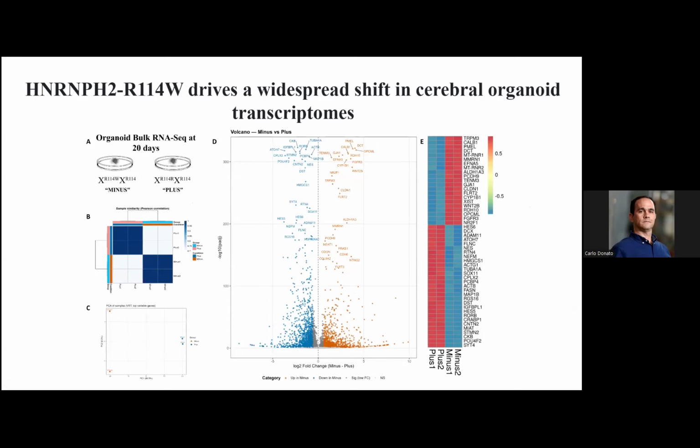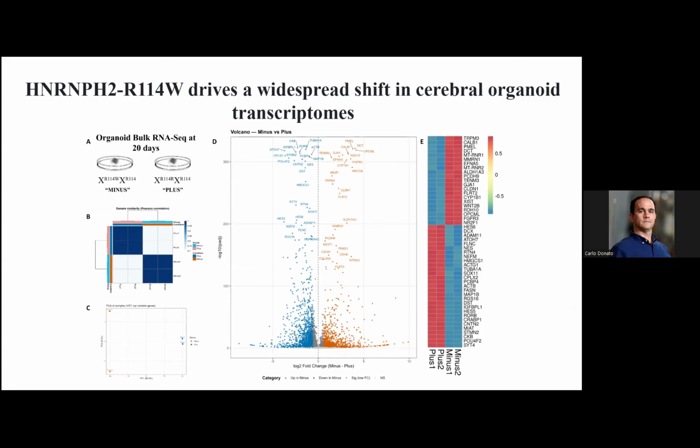Here we show how our samples relate to one another using a sample similarity heat map and dimensionality reduction. When we ran PCA to compare minus and plus at the whole transcriptome level, the two genotypes form clear separate clusters. Aligned with this, the volcano plot translates the global separation into gene-level changes, revealing which transcripts shift most strongly between minus and plus.